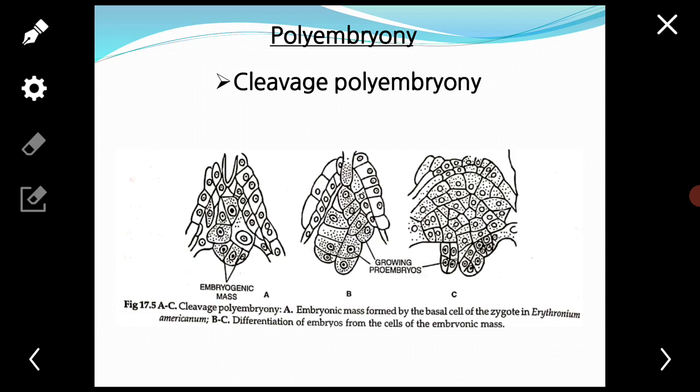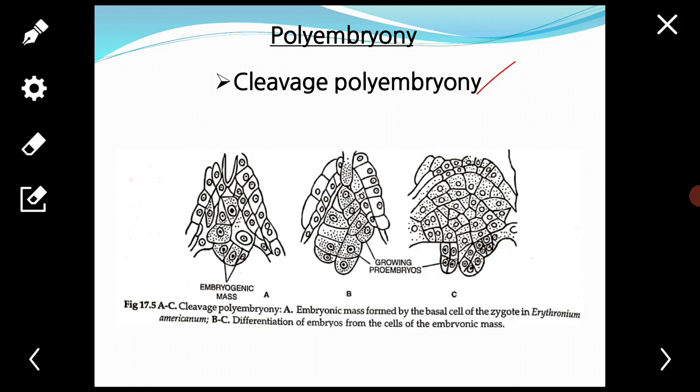So students, there are various types of true polyembryony. First, that is the cleavage polyembryony. Do you understand the cleavage? In this, the cleavage of the zygote or earlier stages of its development or proembryo into two or more units.